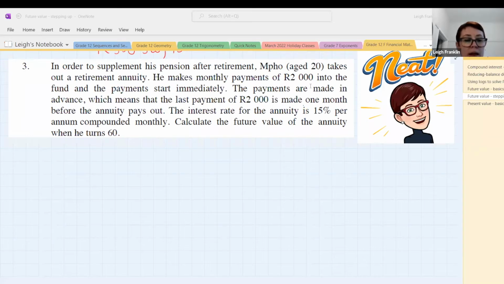The payments are made in advance, which means the last payment of 2,000 Rand is made 1 month before the annuity pays out. The interest rate for the annuity is 15% per annum compounded monthly. Calculate the future value of the annuity when he turns 60.